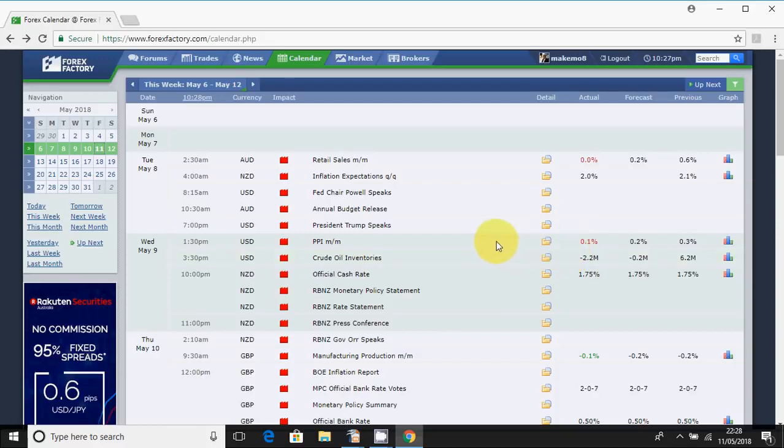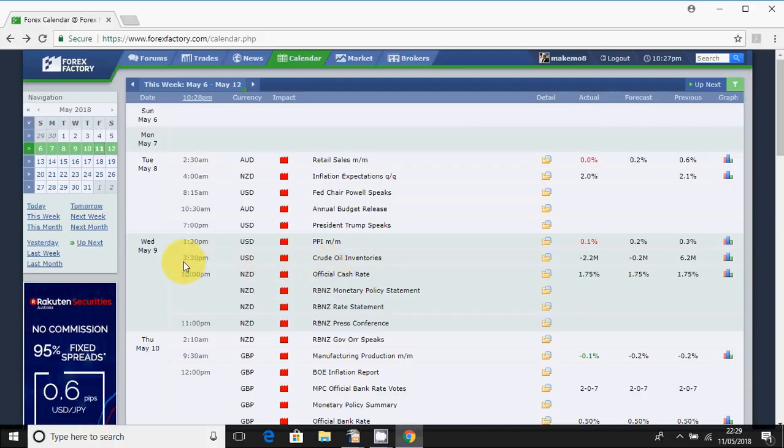Okay, so the high impact news. Now let us look at one of the news. Let's look at, for example, the crude oil inventories. Or let's look at the New Zealand official cash rate. So these are all very, very important news.